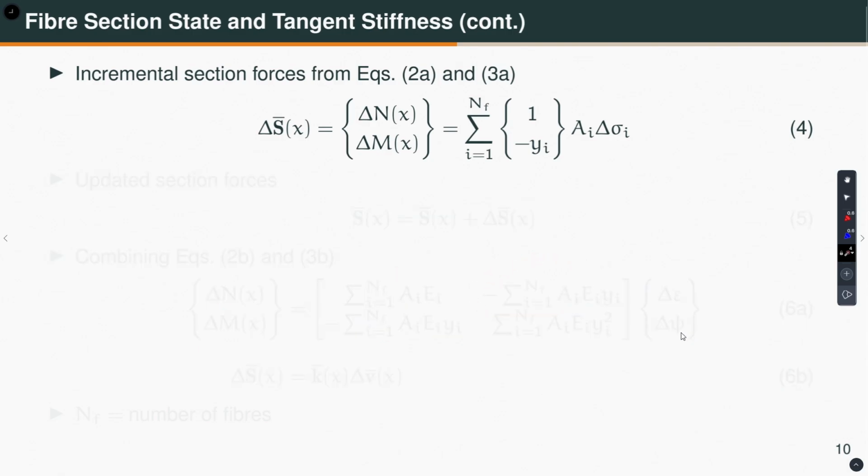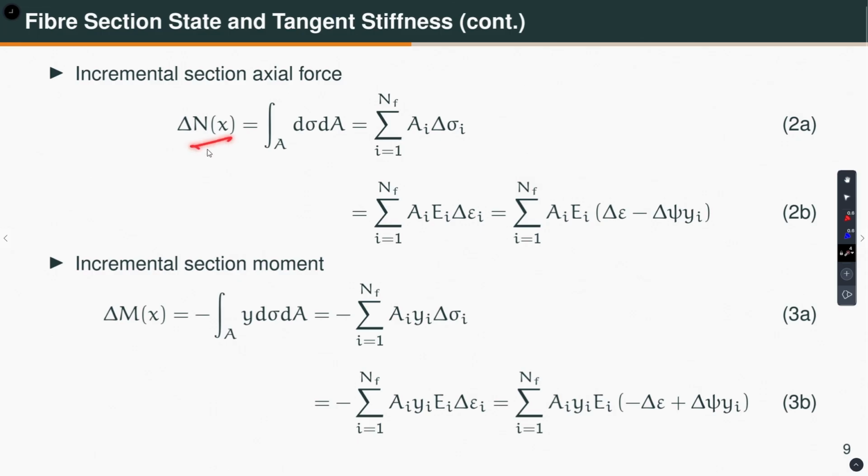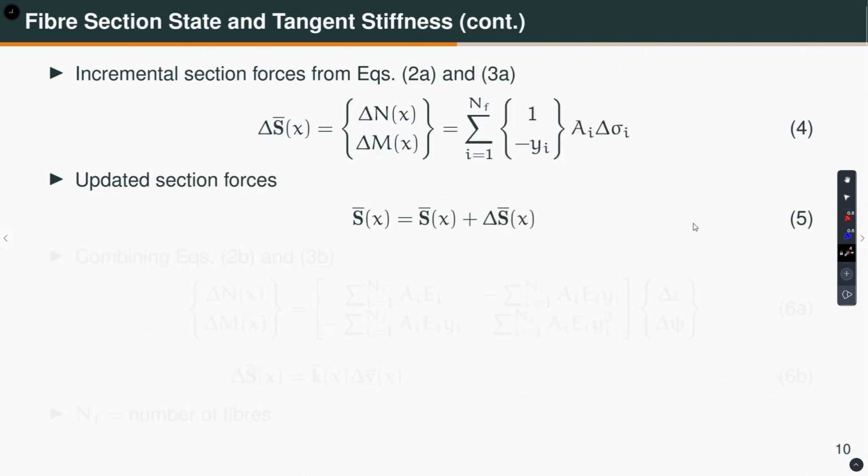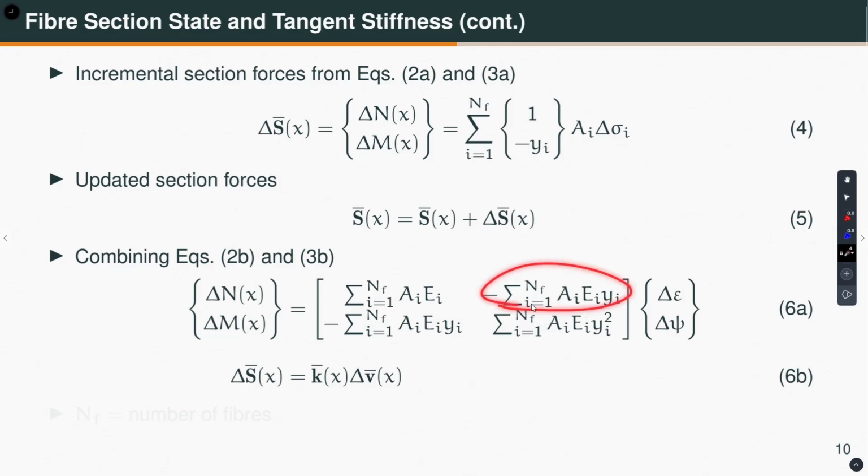Basically what I am doing is taking delta epsilon and delta psi to the right hand side in a vector, and then summation ai ei, this is one quantity, then summation ai ei yi with a minus sign is the next quantity. That is what you see here. Okay. Similarly, for the next row, right. Now, if you see, this incremental section force vector is equal to a matrix times the incremental section deformation vector.